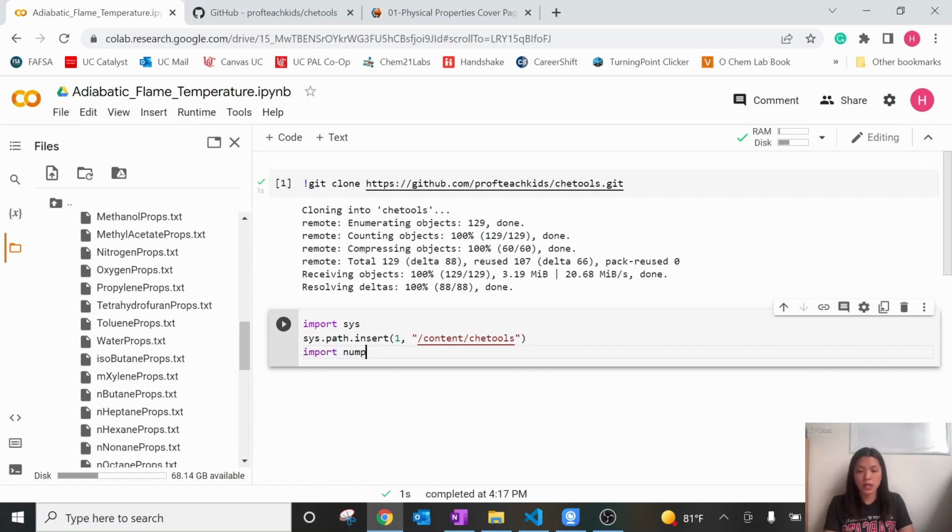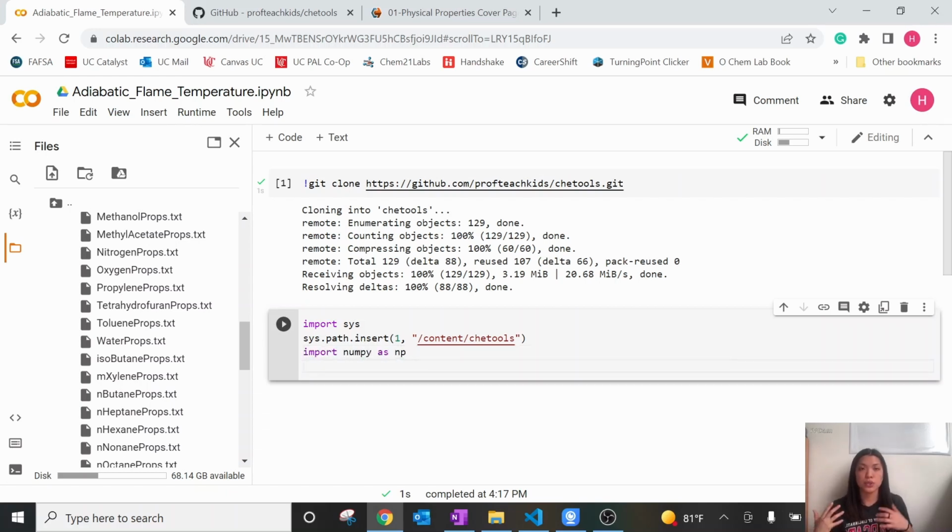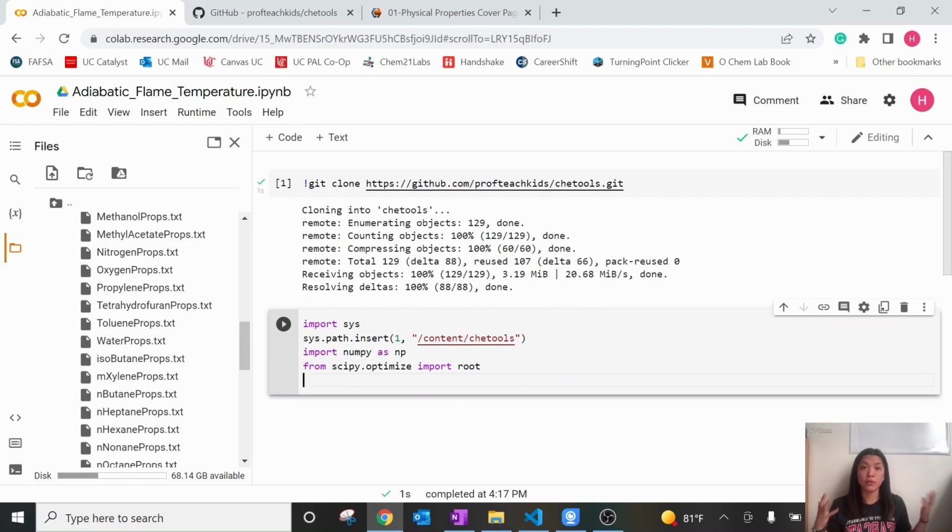So we're going to import numpy as np. This will allow us to do many mathematical operations. Also, from scipy.optimize, we are going to import root. This will help us solve for a root of an equation.